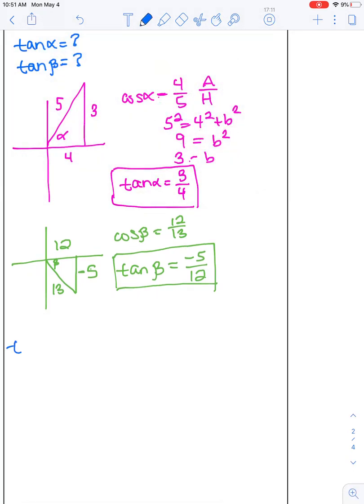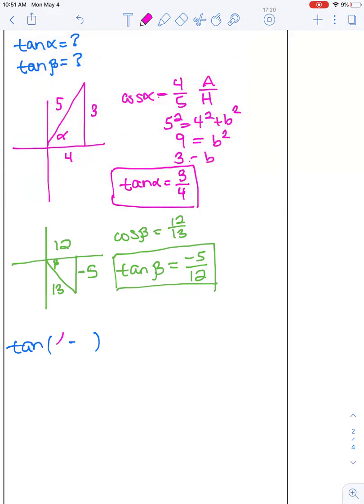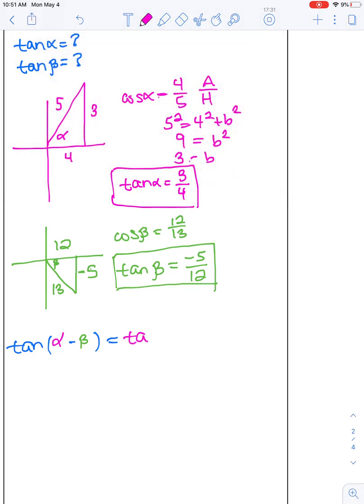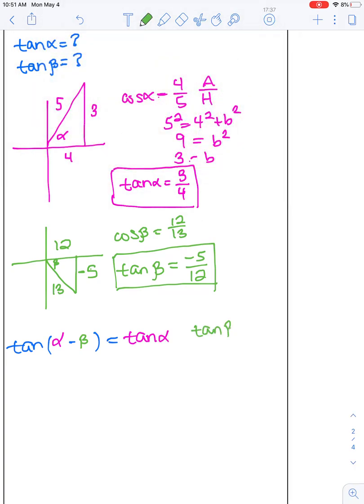Okay, the calculation, again, tells us that the tangent of alpha minus beta is equal to the tangent of alpha minus the tangent of beta, and that's all divided by 1 plus the tangent of alpha times the tangent of beta.